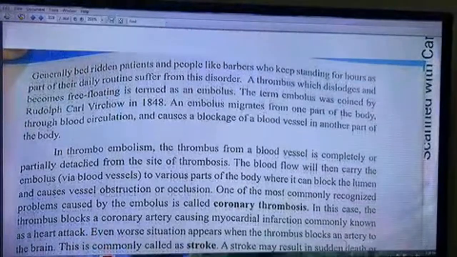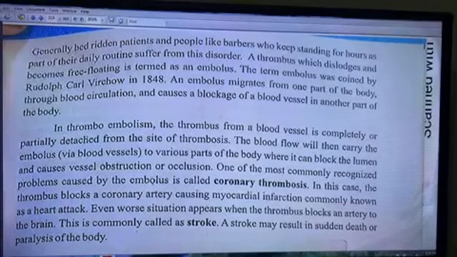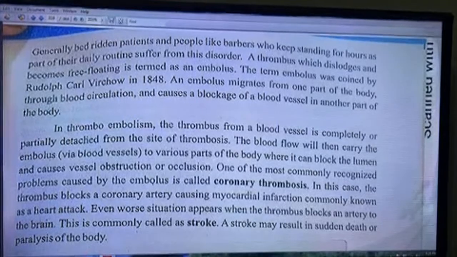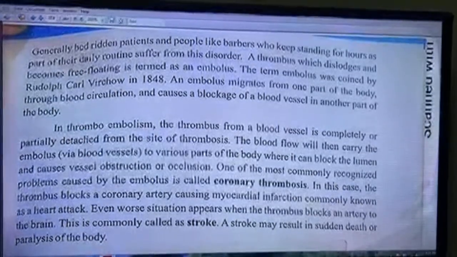Generally, bedridden patients and people like barbers who keep standing for hours as part of their daily routine suffer from this disorder. The thrombus which dislodges and becomes free-floating is termed an embolus.